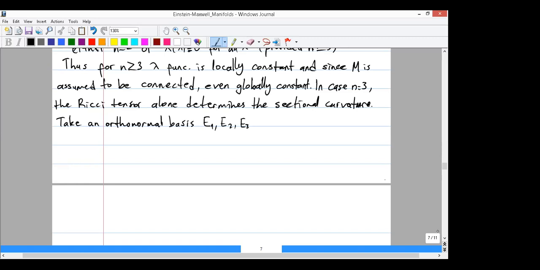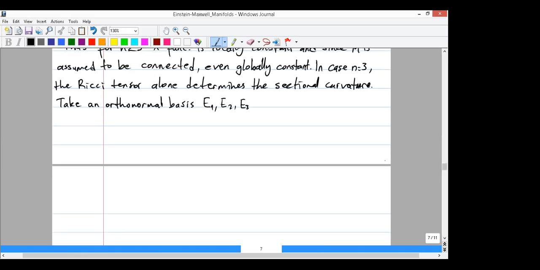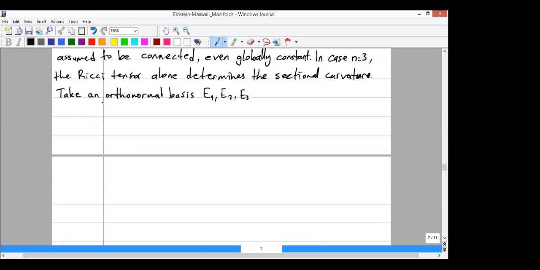Then R11 is just Ric(e1, e1), and by definition that is equal to K12 plus K13.